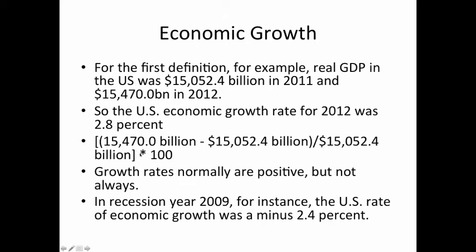That would give you a decimal or a fraction, and you multiply that by 100 to put it into a percentage. So if we do this calculation here, we'd get an answer of 2.8%. So that is telling us that real GDP between 2011 and 2012 rose by 2.8%.